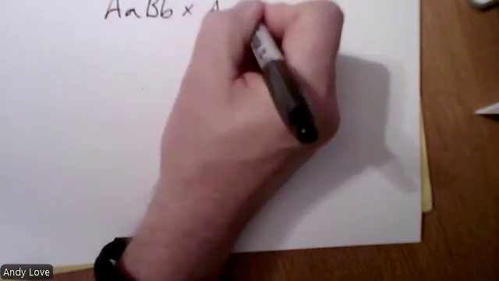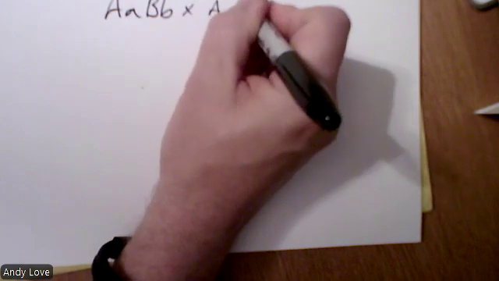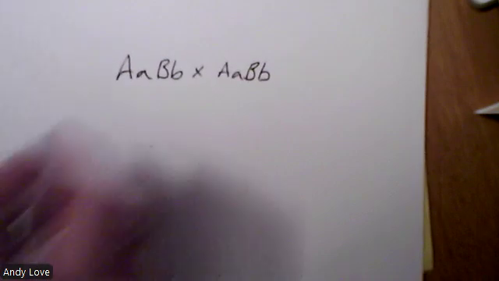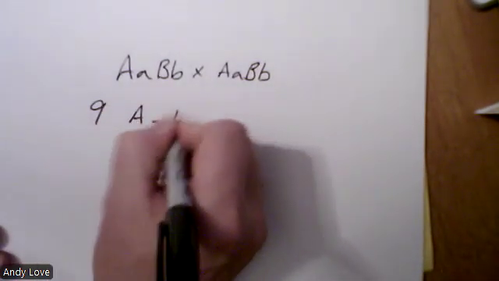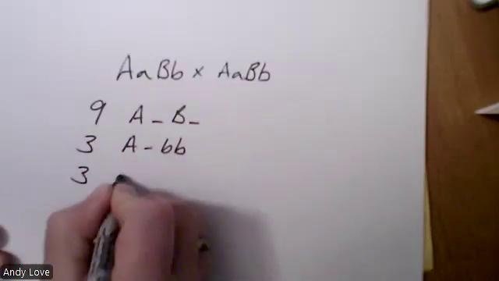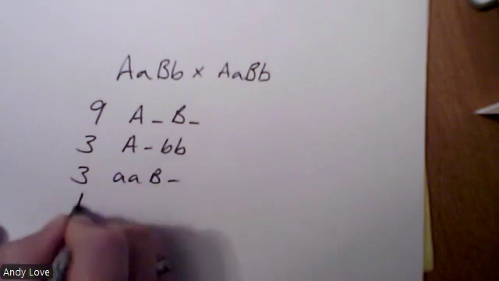So if we were going to do a cross between these two individuals, and it wasn't autosomal linkage, you would expect 9 of those, 3 of those, 3 of those.